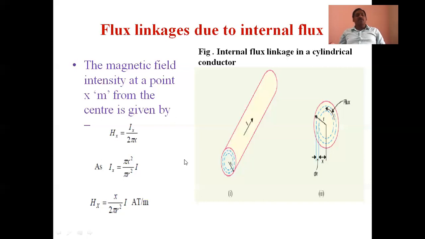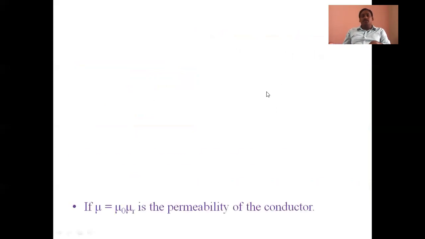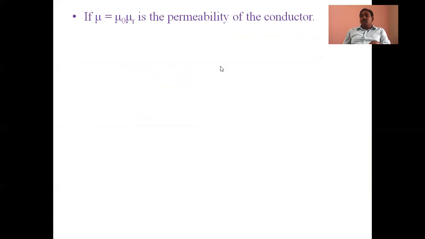Since Ix is substituted in Hx, from this Hx we have to calculate the flux density. We know the relation B is equal to mu H, where mu is the permeability of the medium, which can be expressed as mu naught into mu r. For air, mu r is equal to 1 here.